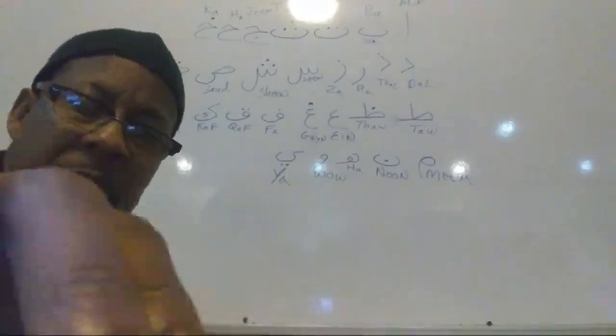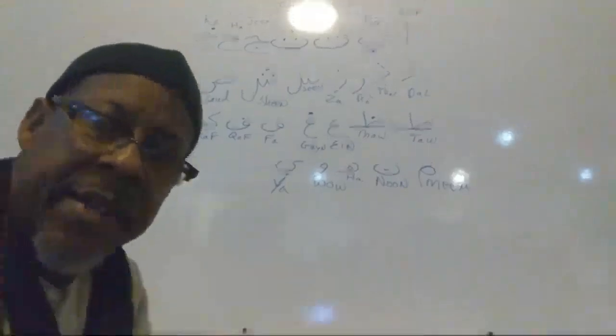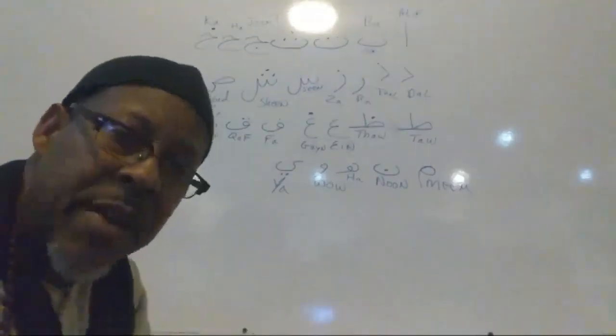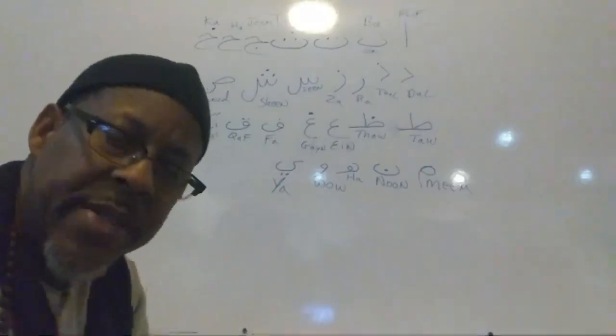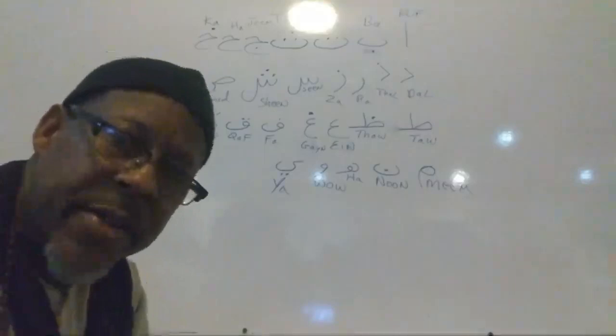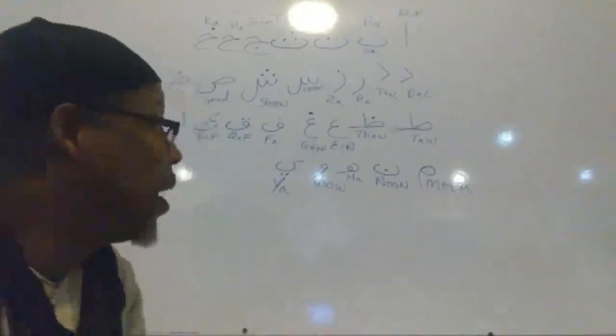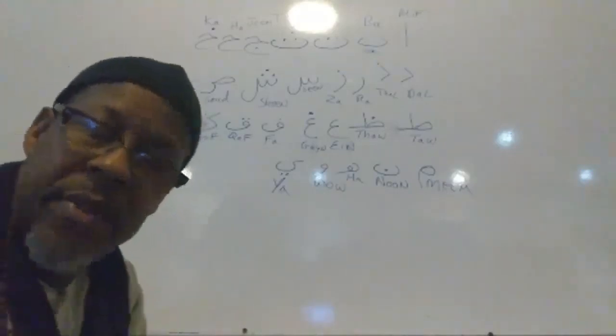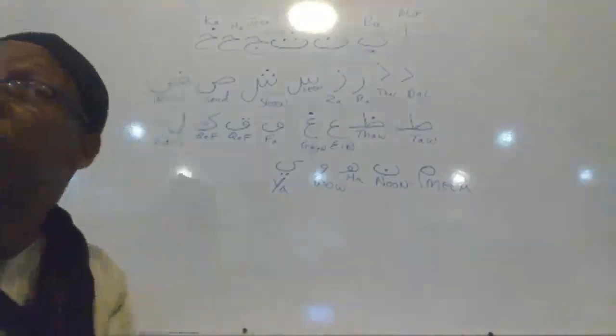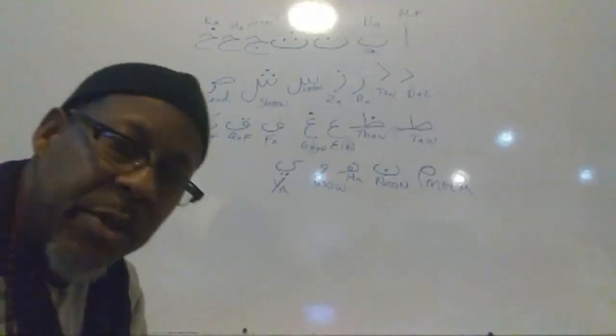You want to download something that has all of the Arabic letters, and then you want to download a PDF of Arabic letters and the 3 positions. So now what we will do is go over alif, ba, ta, tha, jim, ha, kha, and the 3 positions for each one, and that'll be the end for this week, okay? And if you tune in every week, you'll be able to learn this, inshallah.